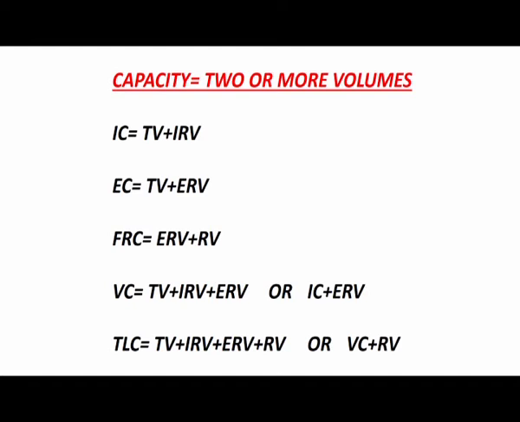Vital capacity is tidal volume plus inspiratory reserve volume plus expiratory reserve volume. We can always see that inspiratory capacity is TV plus IRV, so can we change this formula into IC plus ERV? Then total lung capacity is the summation of all four volumes: tidal volume, inspiratory reserve volume, expiratory reserve volume, and residual volume.